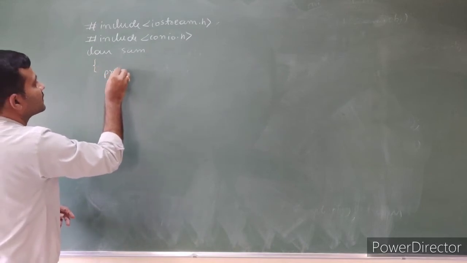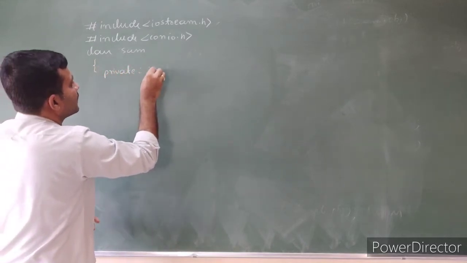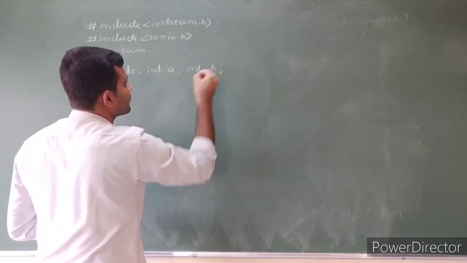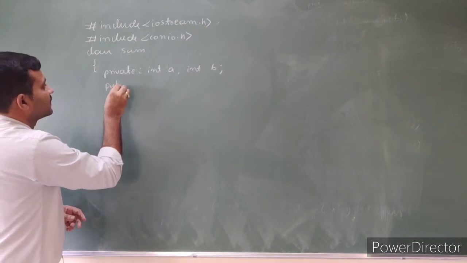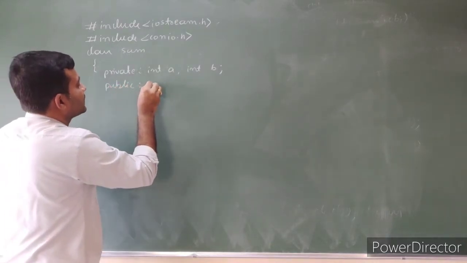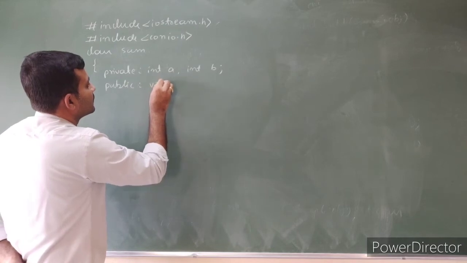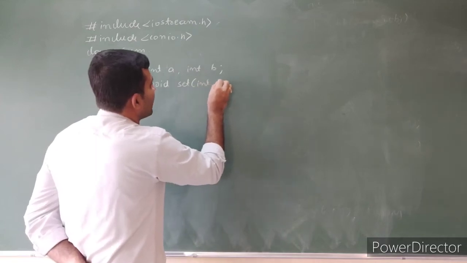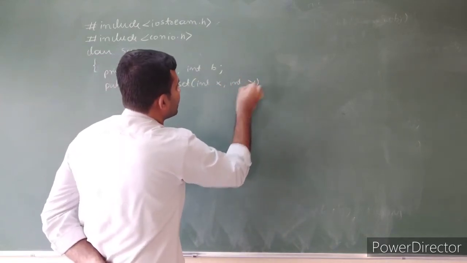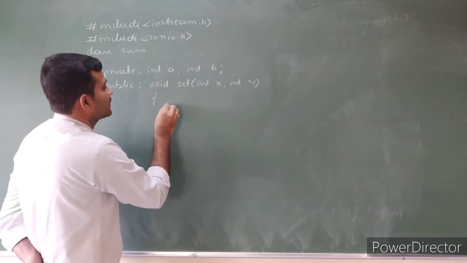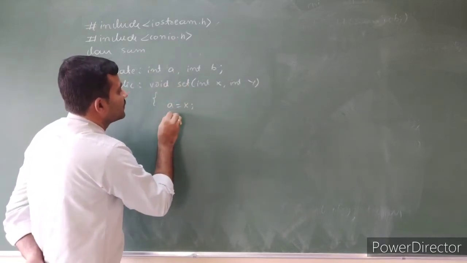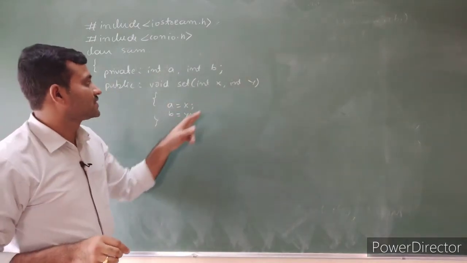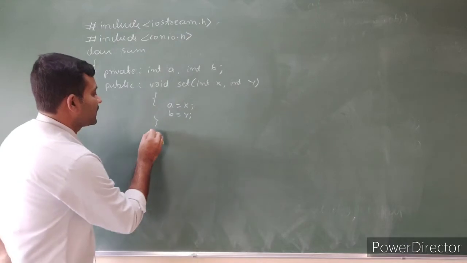Under the private section we declare two variables, integer a and integer b. Under the public section we declare a member function, void set of integer x, integer y. This is used to initialize the data members: a equals x, b equals y. See the member function set; it is used to initialize the data members. Then declare a friend function.